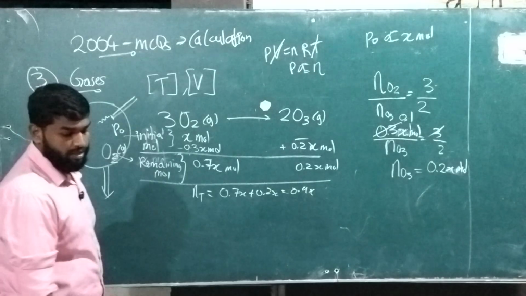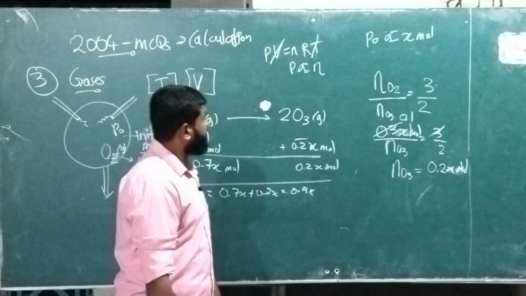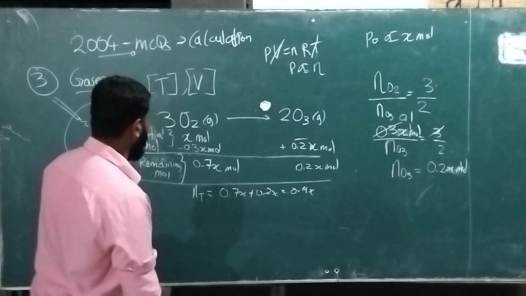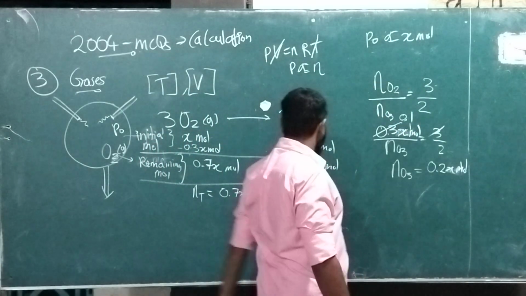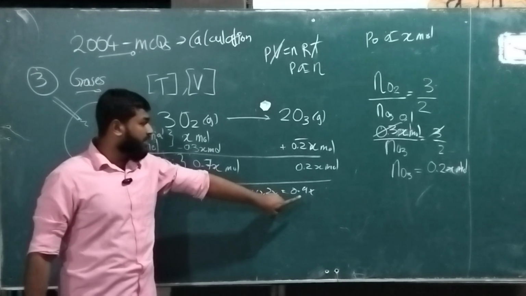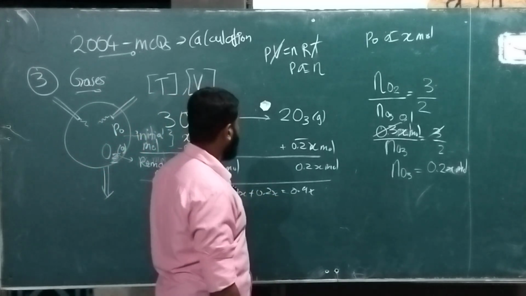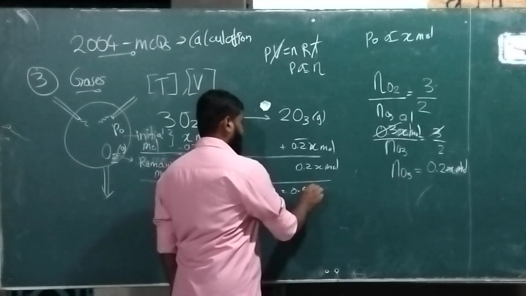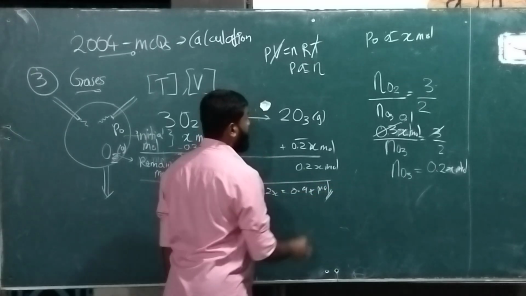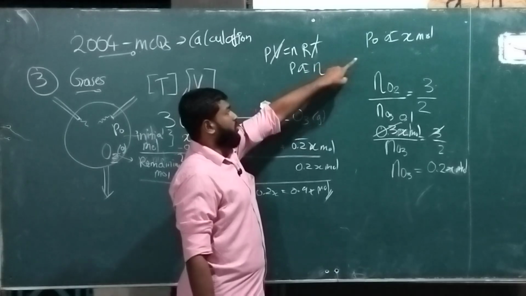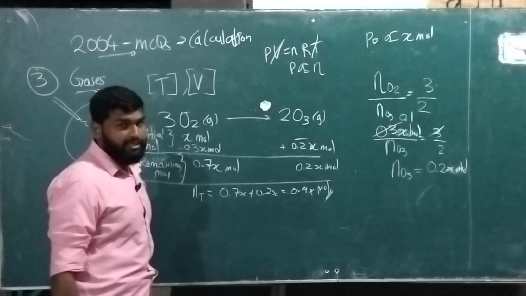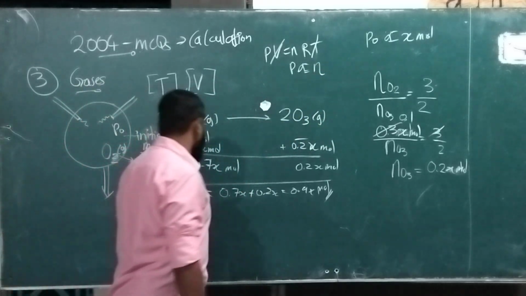Now see here, initially you had x, now the number of moles has decreased to 0.9x moles. The number of moles has been decreased by 0.1x. So they are asking the reduction percentage, the change in pressure of the system.